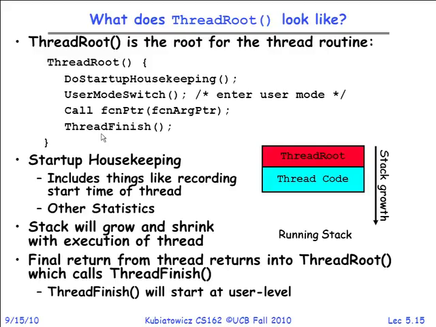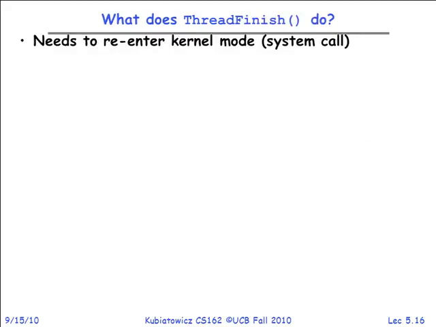And that, of course, leads to the question, what the heck is thread finish? To kill a thread, we clearly have to re-enter kernel mode, right? Because we're going to change the TCB, and we're going to remove it from all waiting and ready queues and so on. So we have to get back in the kernel, so it executes a system call.